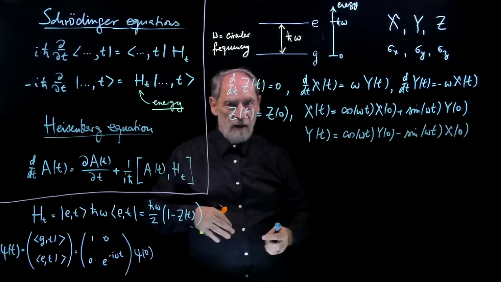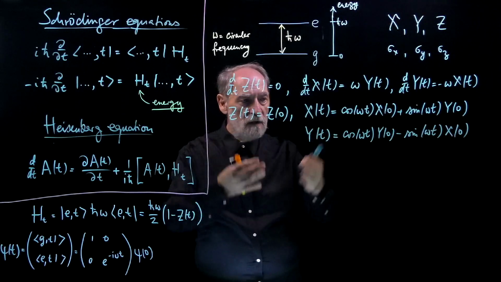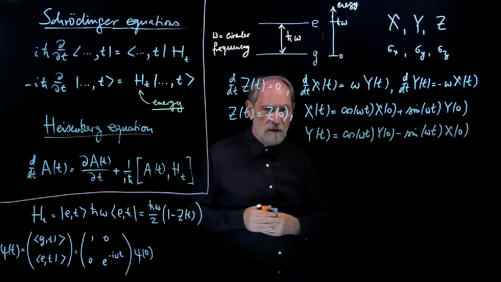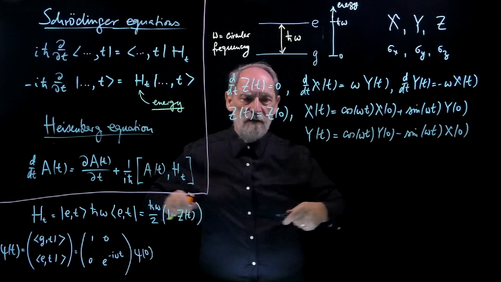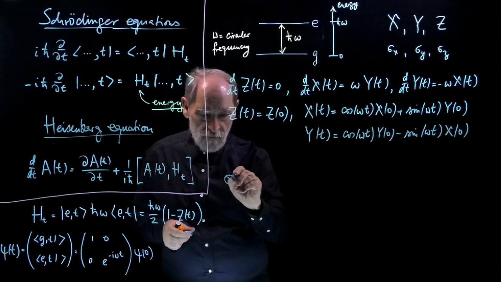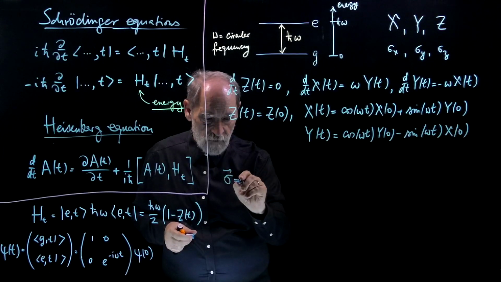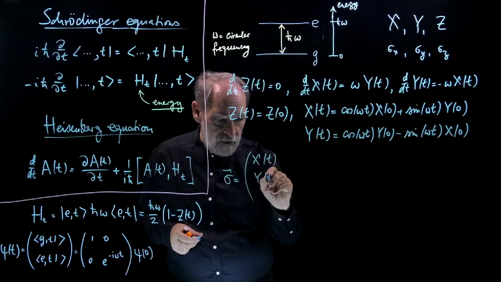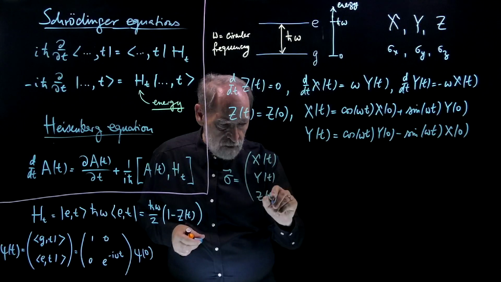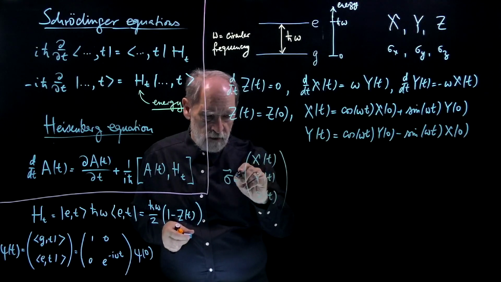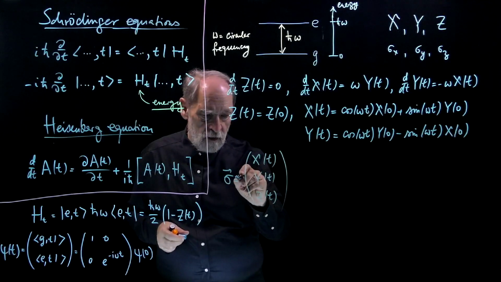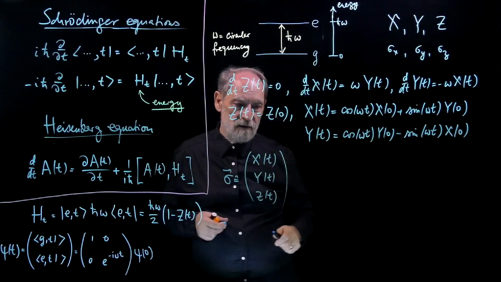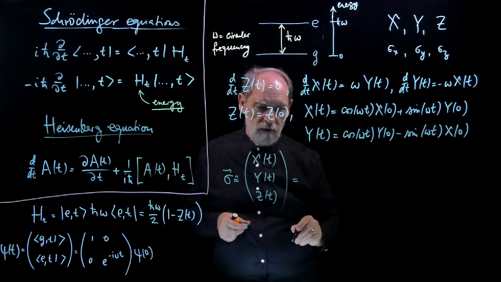So if we now look at these three time-dependent operators together and remember that they make up a vector, the Pauli vector, which has the components x of t, y of t, z of t. So these are the components of this vector as it refers to a particular coordinate system, for directions x, y, and z. Then what do we have here?